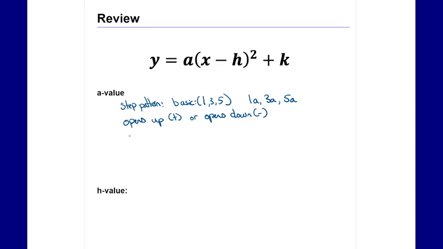It does tell us a stretch. If a is greater than 1, it's a stretch, or it's a compression if a is between 0 and 1, so greater than 0 but less than 1.